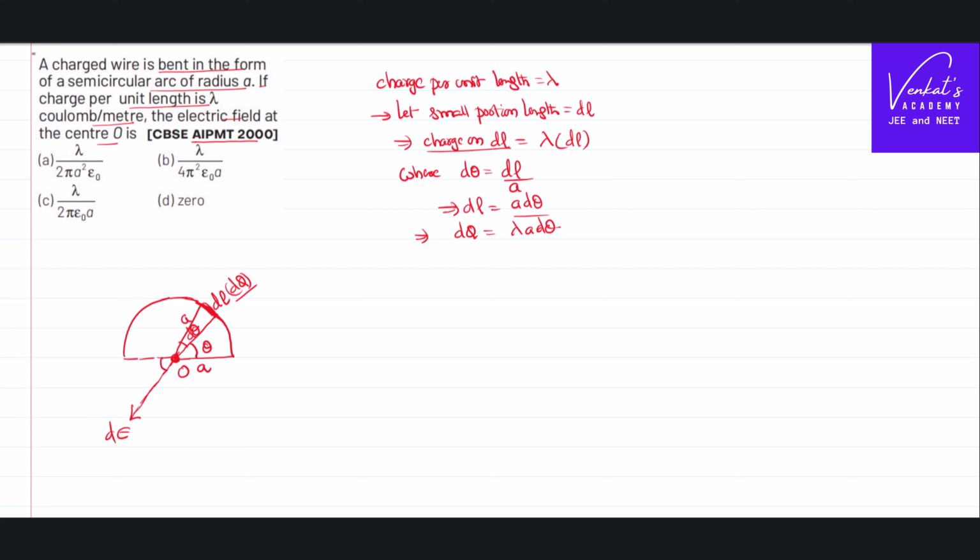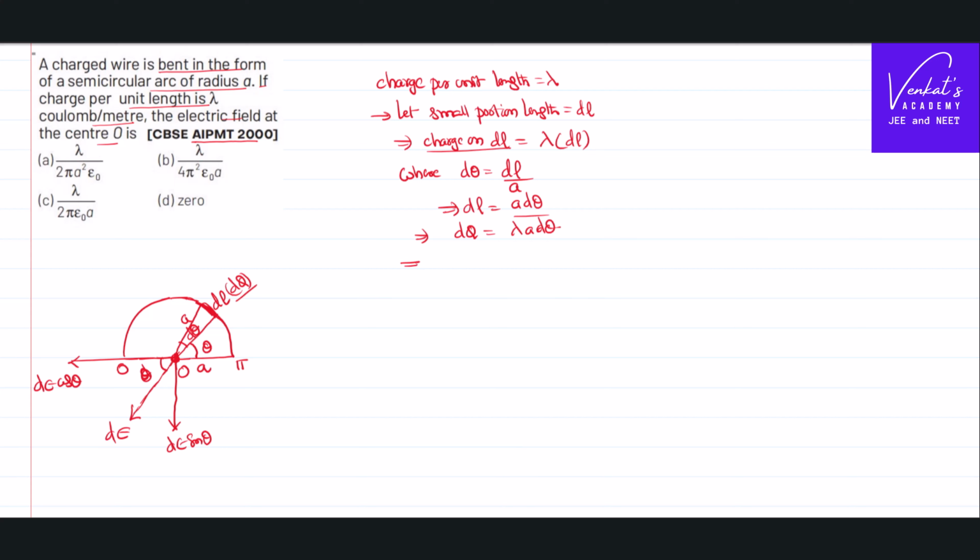This dE can be resolved into components: adjacent to theta is dE cos theta, and opposite is dE sin theta. There is such a component everywhere from 0 to pi, so I find the electric field due to a small element and then integrate to get the entire picture.